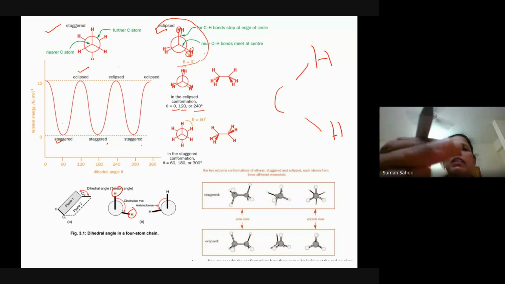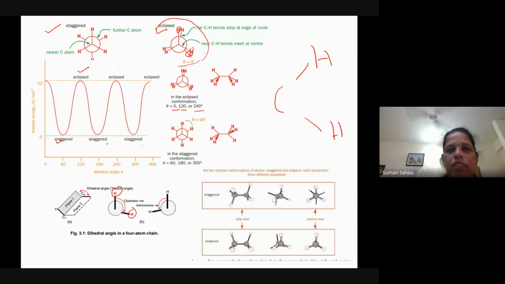Eclipsed means it is being blocked, you cannot see the back hydrogen. In this one, which is the eclipsed conformation, and this one is staggered, you can see all the hydrogens, but here the front hydrogen blocks the hydrogen in the back.